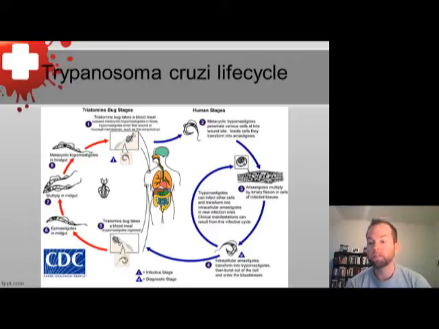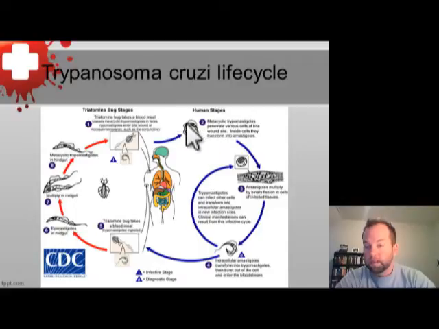The human host would then scratch the trypanosome-infected feces into the site of the bite, or infection can also occur through direct contact of the metacyclic trypanosomes with mucosal membranes such as the eye.